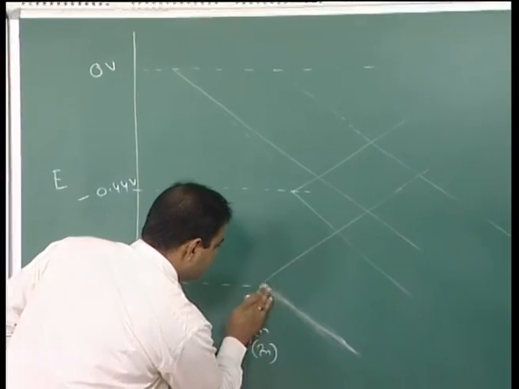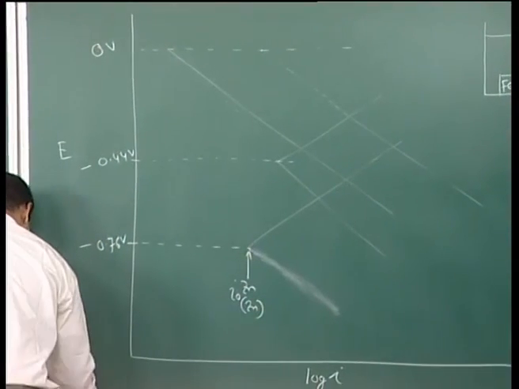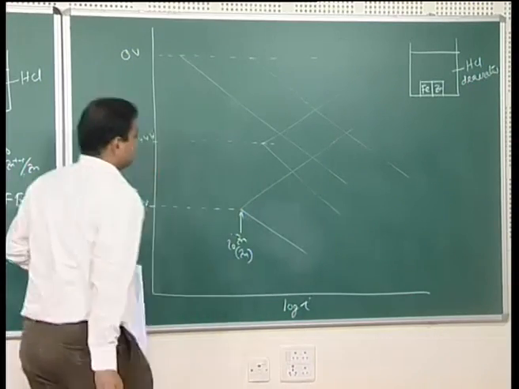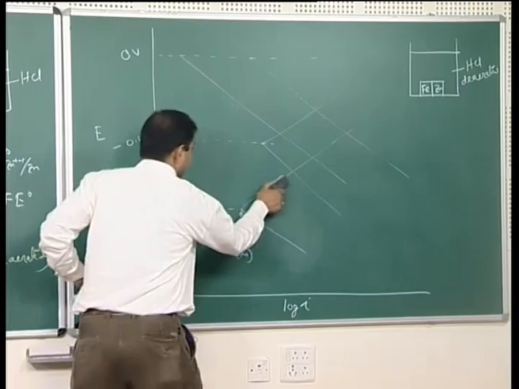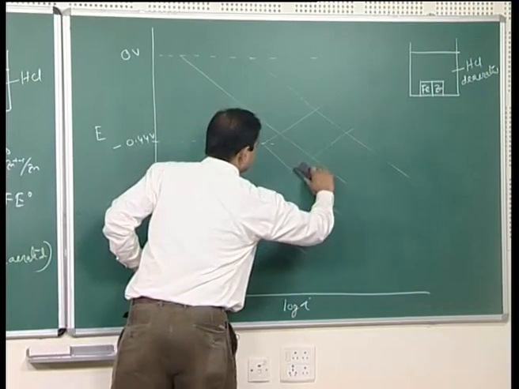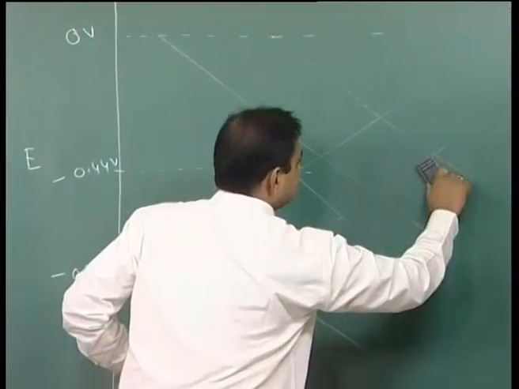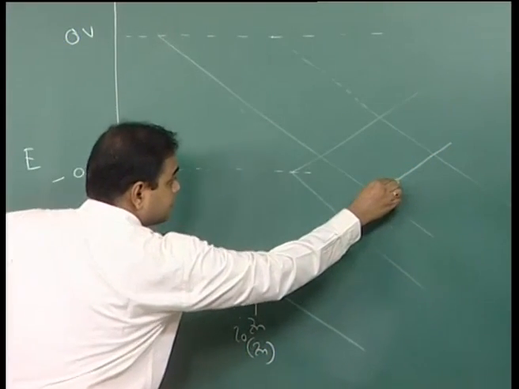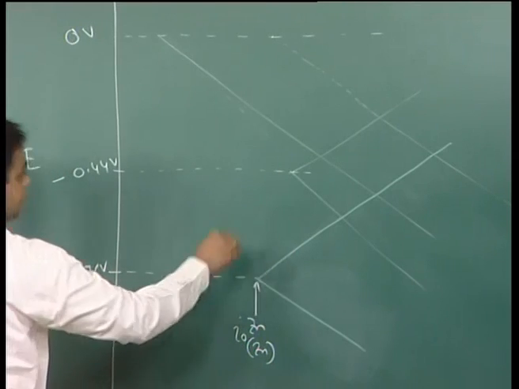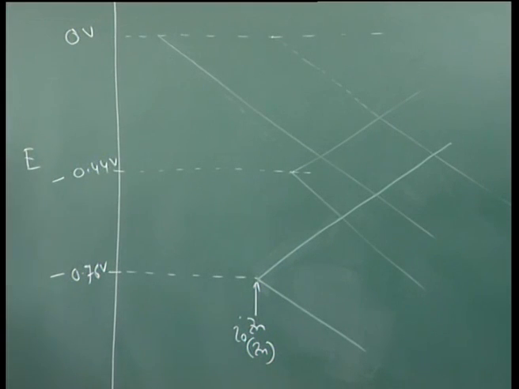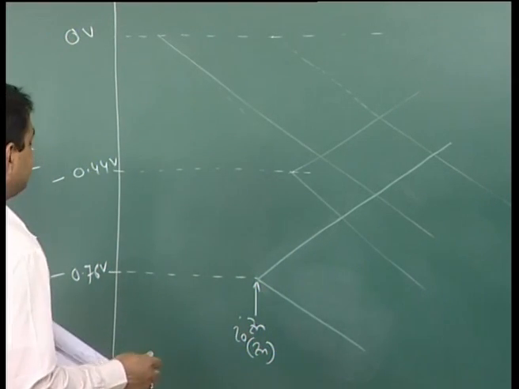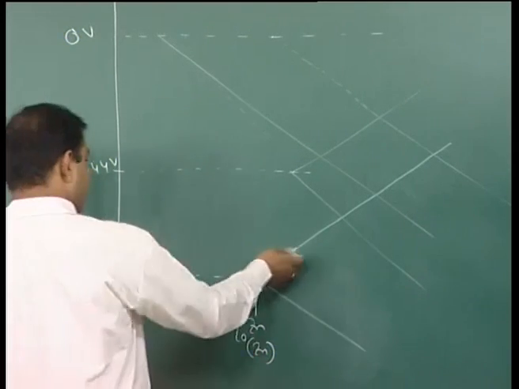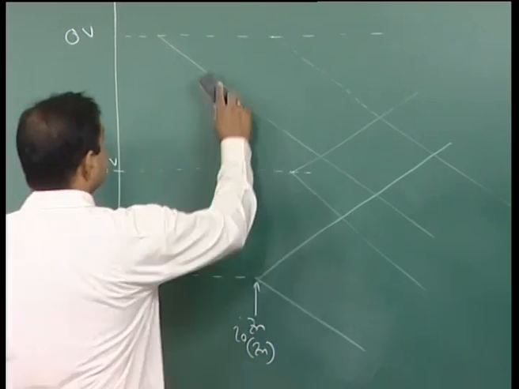Just let me plot the zinc part with a different color, zinc line with a different color. Fine. Now, hydrogen evolution on zinc surface, that too I will put the same color which I have used for zinc.